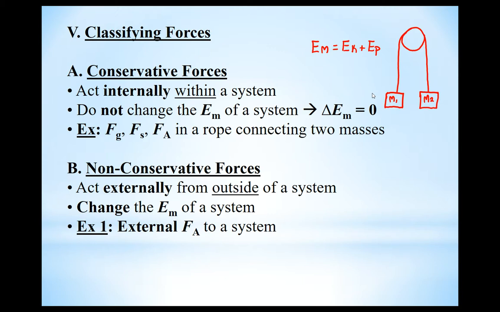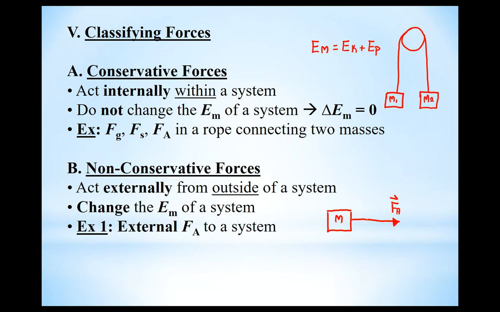So the first example is, say that you have an external applied force to a system. The easiest example of this would be you have just a mass, M, and then someone pulls on the mass with an applied force over towards the right.